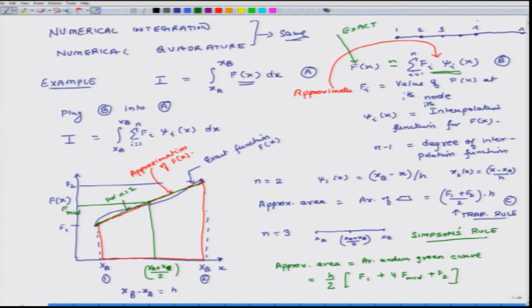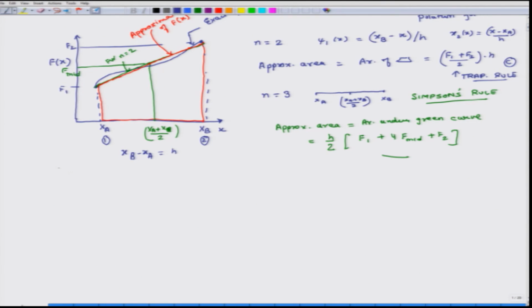F mid. So this is important to understand. We have to know 3 values of these things. So what we will do is we will recap. From the trapezoidal rule, my approximate integral was h by 2 into f1 plus f2.